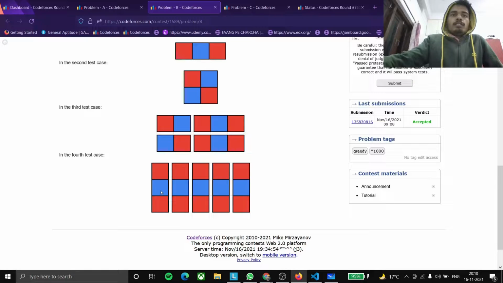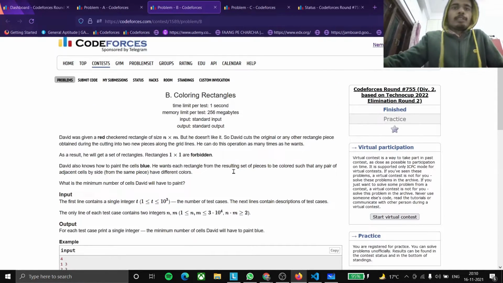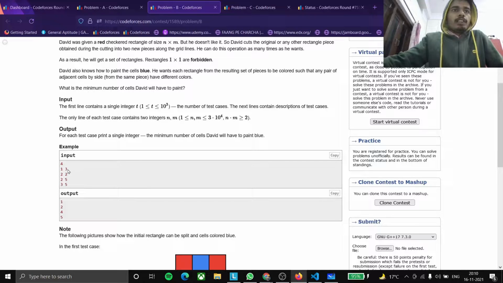So this and the last one can't be the same color, the middle one has to be different. Basically, as you can see here, n value 1 and m value 3, let me explain you.